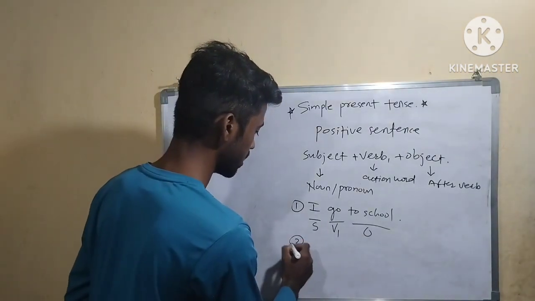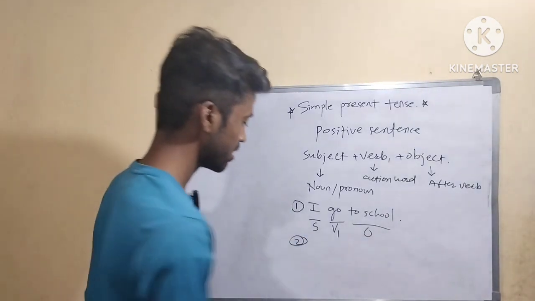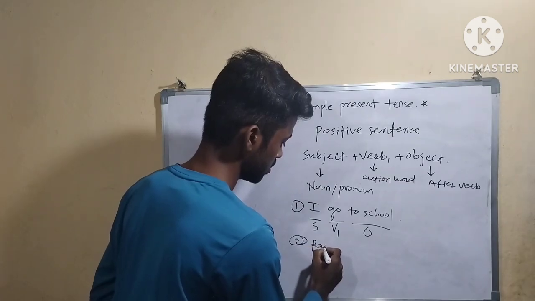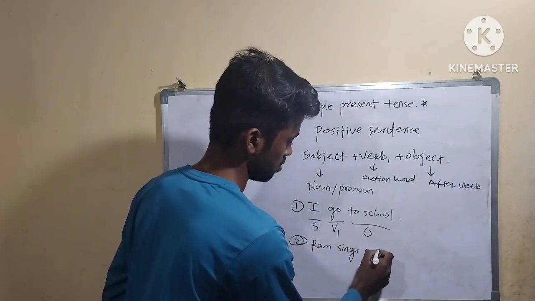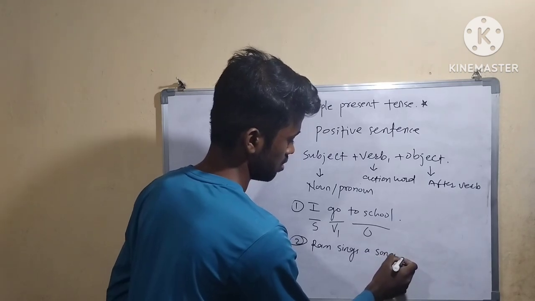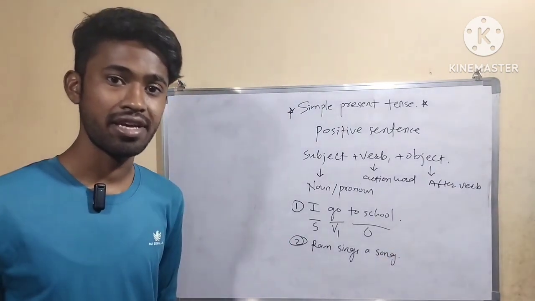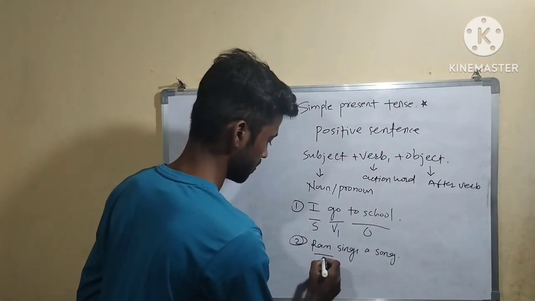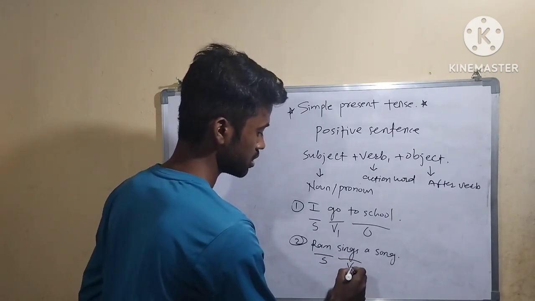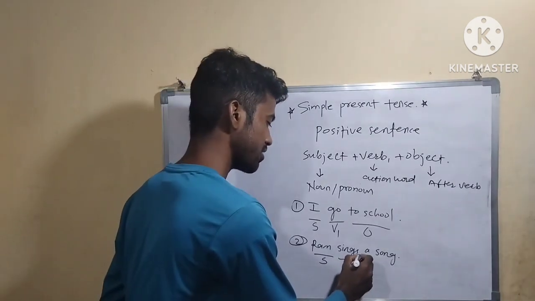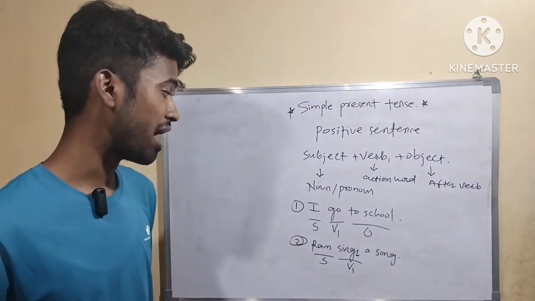After that, you can take another example, that Ram sings a song. Now this is a little bit tricky here. Ram is subject, right? And sings is a verb. Now this is first form, but sing is the first form. Yes, here I have added extra.